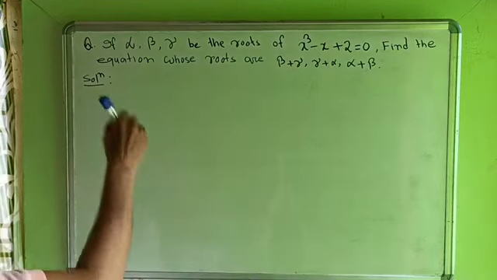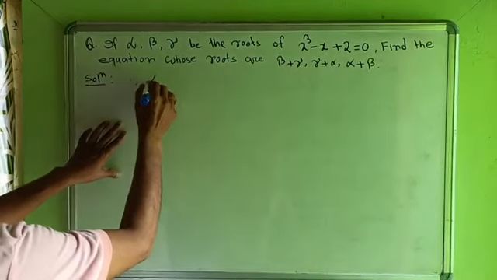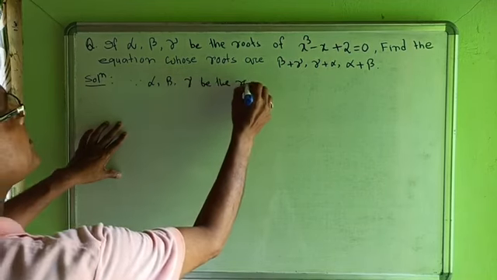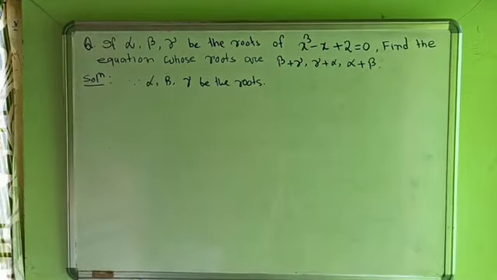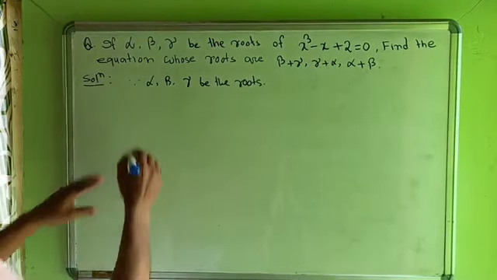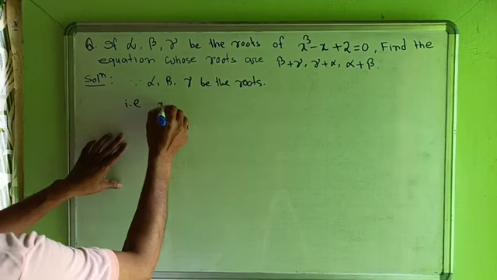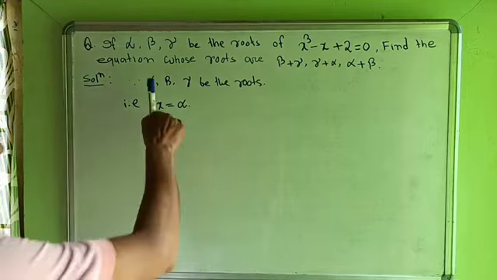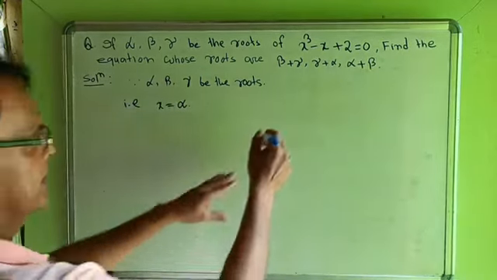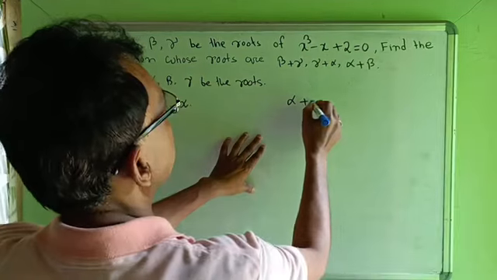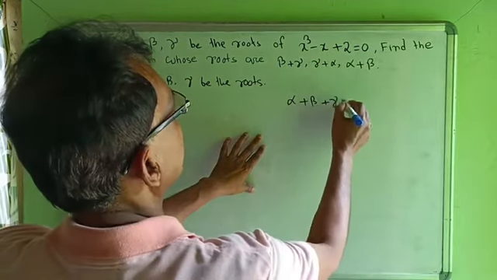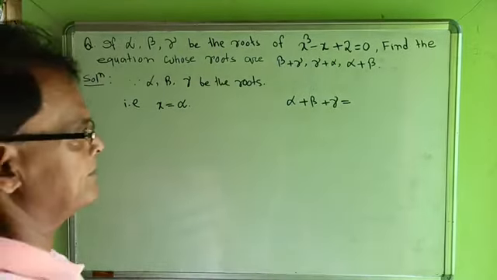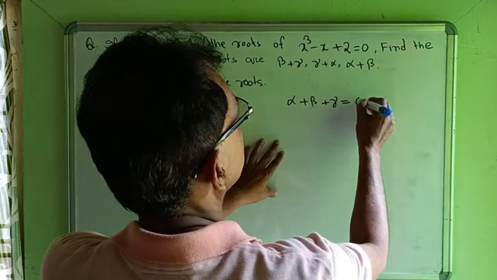Solution: since alpha, beta, gamma are the roots, we can say x is equal to alpha. We get alpha plus beta plus gamma is equal to minus b by a, that is minus 0 by 1, therefore equal to 0.